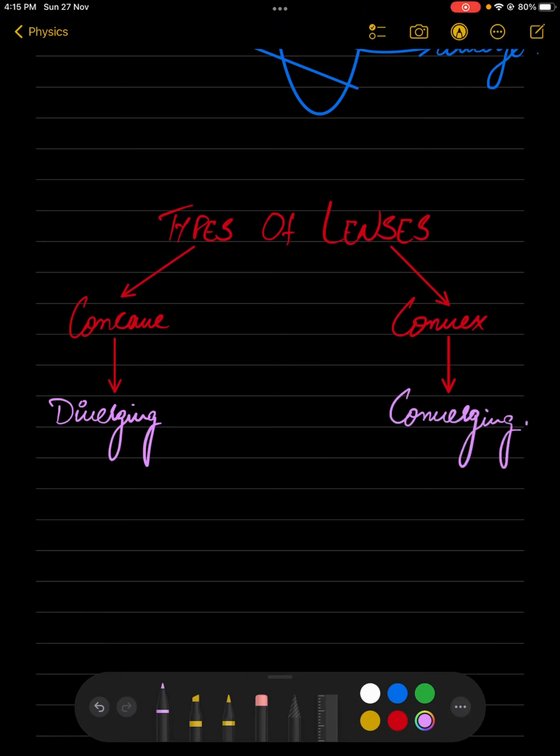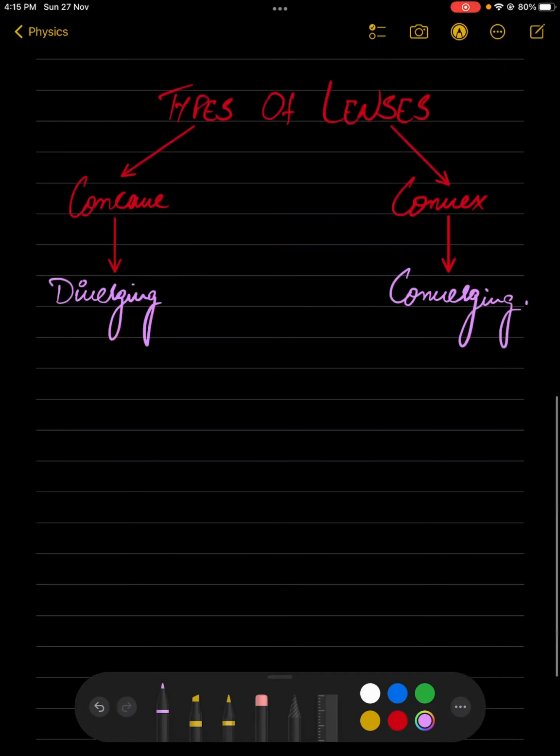Now if we move forward, तो हमारे पास इनकी जो representation है picture से वो भी जरूरी है. So let's draw the pictures of them. So a proper diverging lens would look something like this, and a converging lens would look like this.